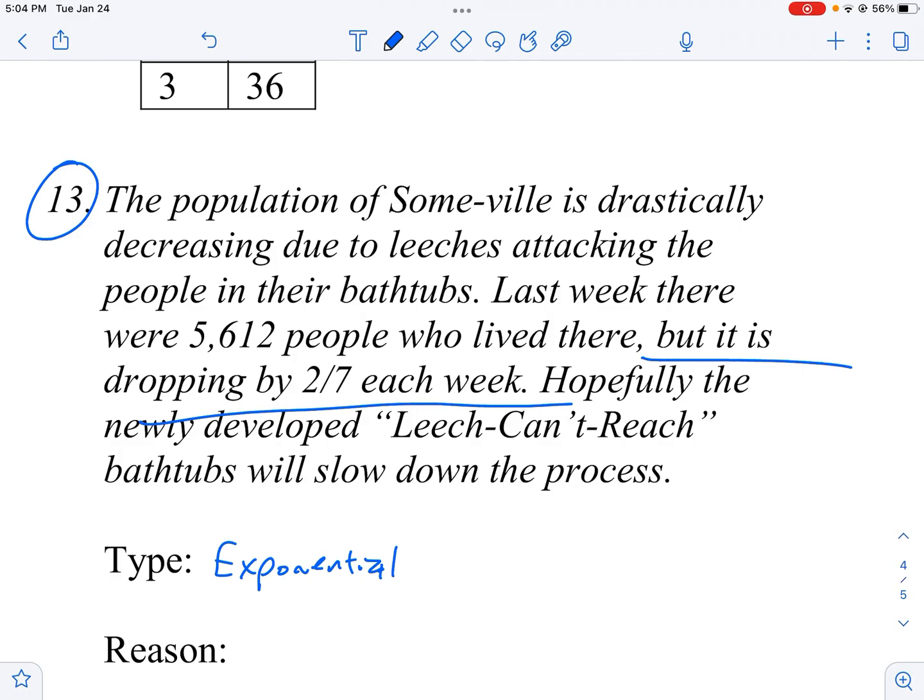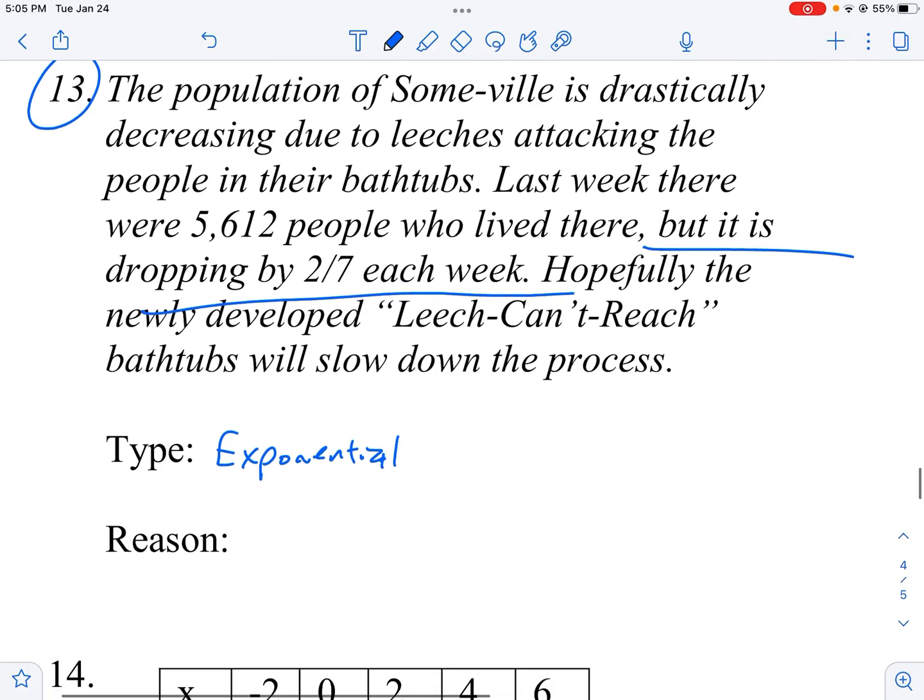And so it's going to be different each week. We're not losing 2/7 of a person each week. Of every 7 people, 2 of them are gone each week. That's going to shrink and shrink and shrink. Eventually you only lose a few people, but at the beginning you're losing hundreds of people. And if you have something like that going on, that's definitely going to be exponential.